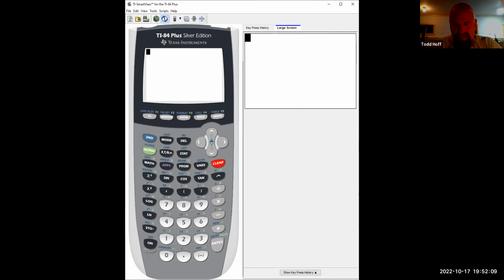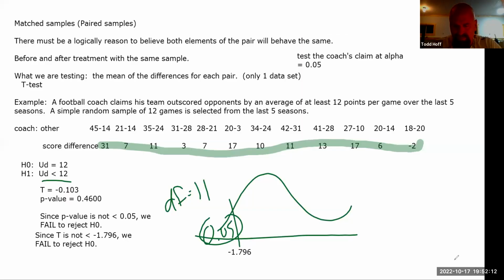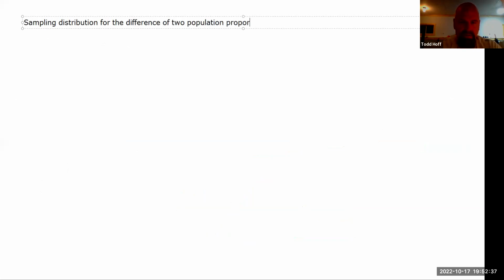So anyway, back here, there is one type of sampling distribution we still have to talk about. It is a sampling distribution for the difference of 2 population proportions. So again, we're taking 2 samples and we're finding their proportions and subtracting them.